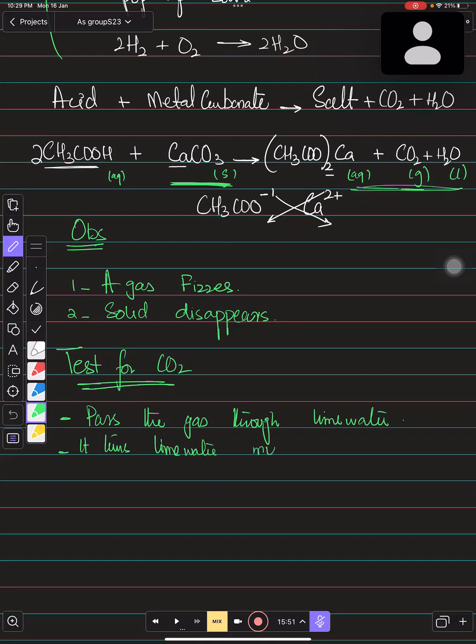और एक और टेस्ट हो सकता है इसका, वो कौन बताएगा मुझे? टेस्ट नंबर 2। Sir, it turns damp blue litmus paper red. Yes, it turns blue litmus paper red.